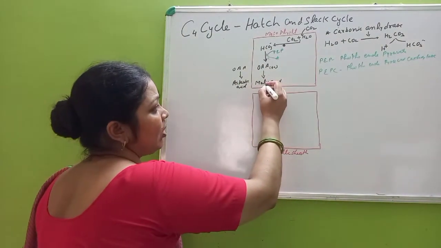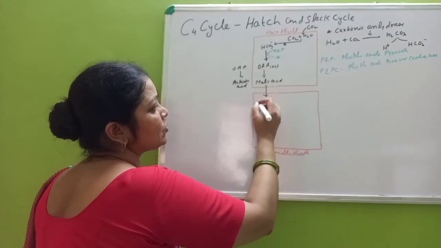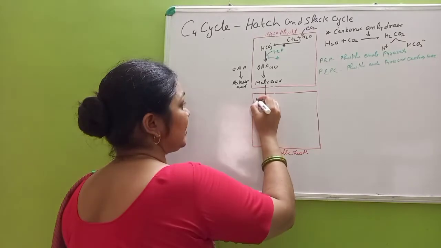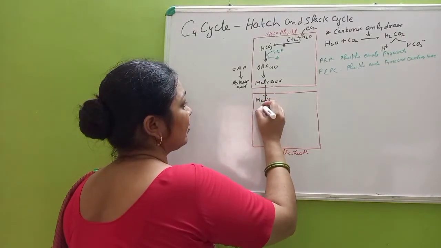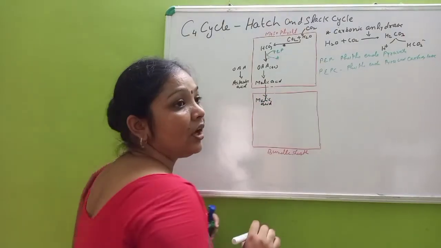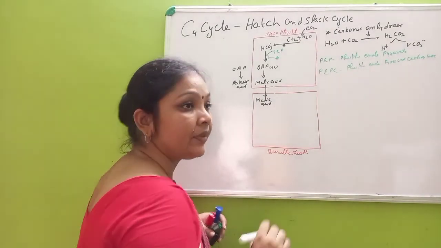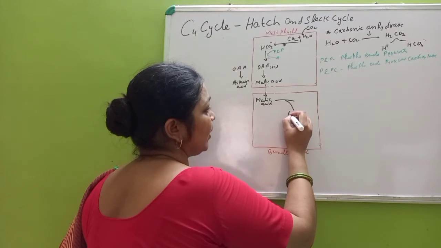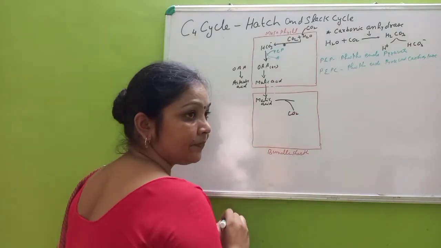Now if malic acid is formed, this malic acid diffuses into the bundle sheath, and this 4 carbon compound releases 1 carbon dioxide.